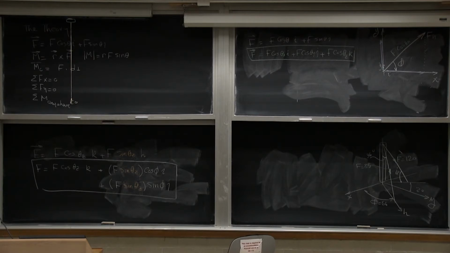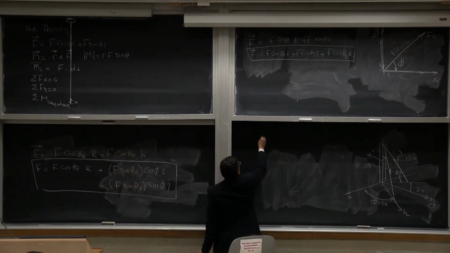The first cable, the 85, is making 36 degrees with the z, and the h part of this first force is making a 64 degree angle with the x. For the other, the cable is making 60 degrees with the xy plane, and there is a 20 degree angle in the negative xy plane. Okay? So how can I represent these forces? Oh, it's very easy.